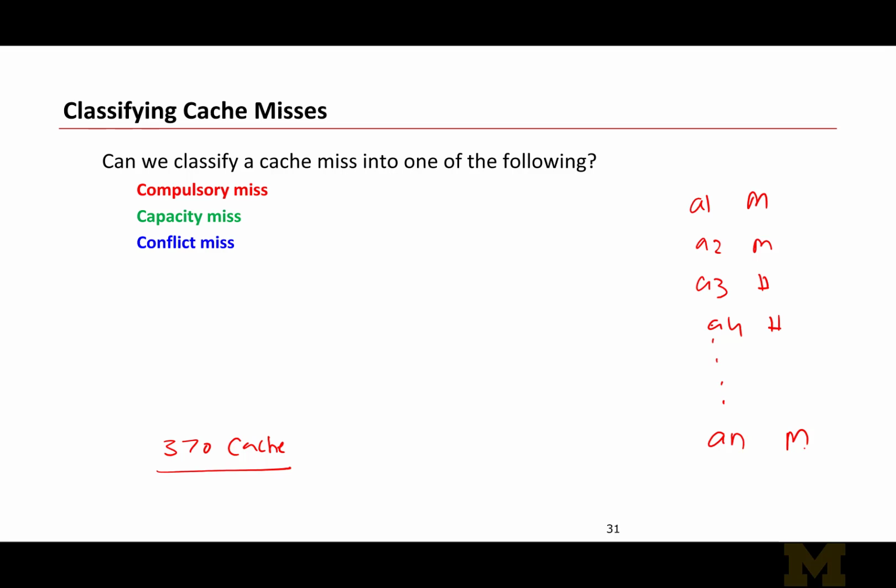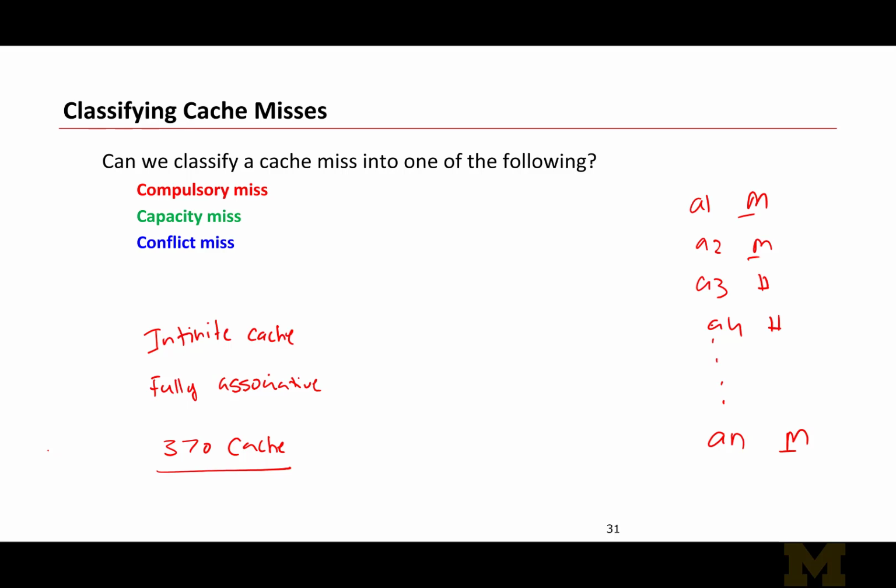And now I ask myself this question: what is the type of these misses? How do I go about answering that question? Well, to answer that question, you need to simulate two more caches. One is an infinite cache that has the same block size as your 370 cache, and then a fully associative cache with the same cache size as your 370 cache.